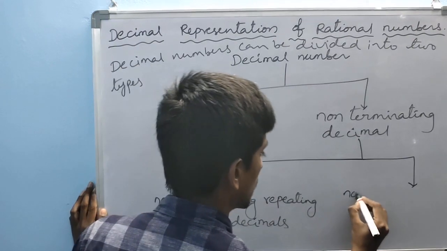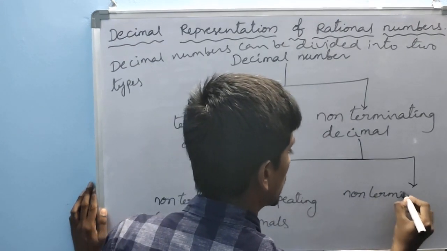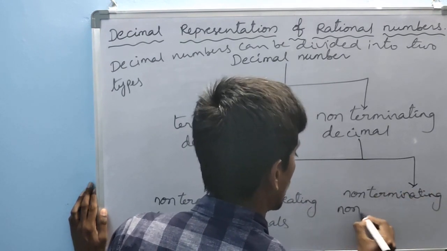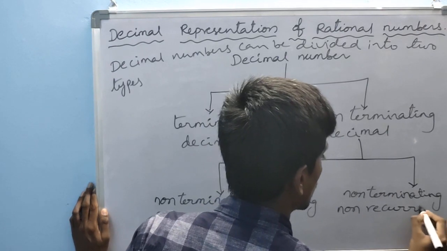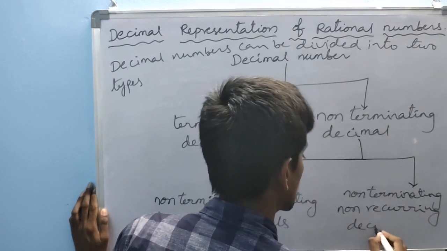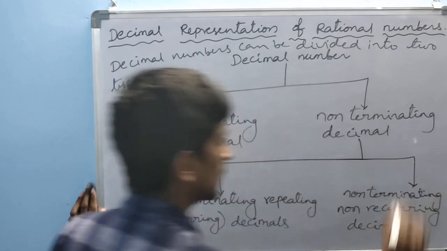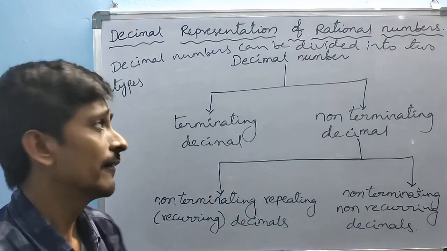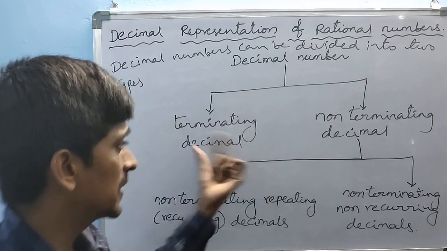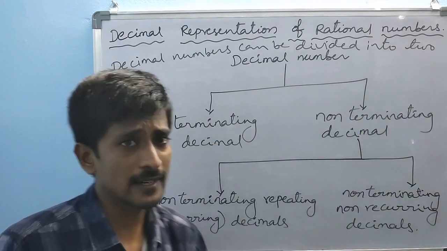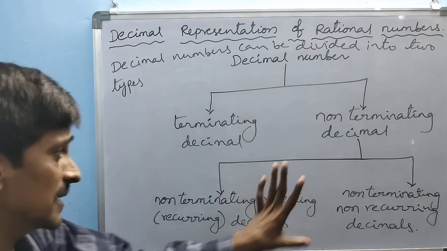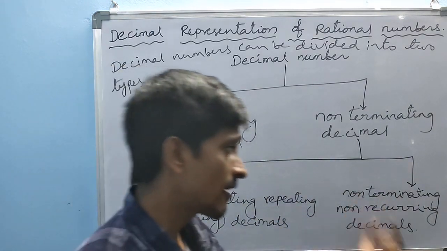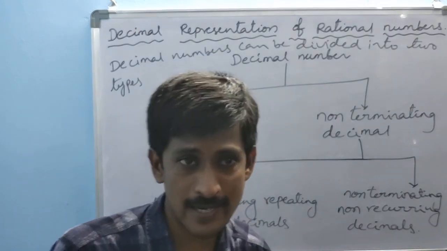Another one is non-terminating non-recurring decimals. These are the decimal number representations. Which decimals are called terminating decimals and which numbers are called non-terminating decimals? Which decimals are non-terminating repeating decimals? Which decimals are non-terminating non-recurring decimals?